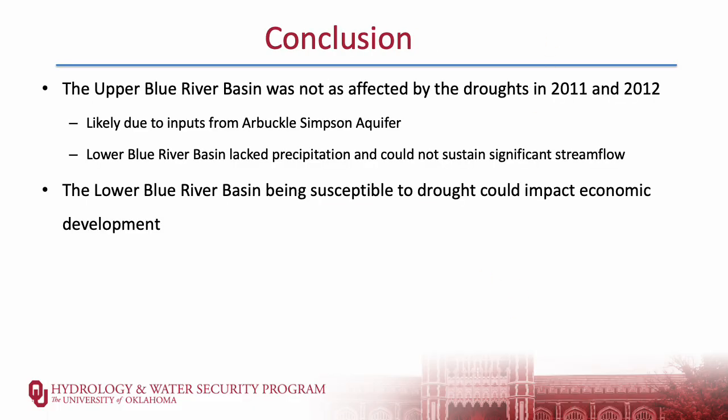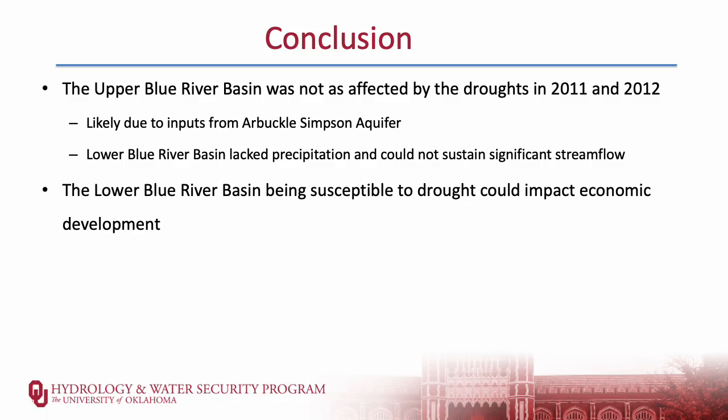location. One conclusion that can be made from this study is that the upper Blue River Basin wasn't as affected by the droughts in 2011 and 2012, and was more resilient to the drought in both years. This was likely due to the inputs from the Arbuckle-Simpson Aquifer, and the groundwater recharge was able to sustain the river for a longer amount of time.